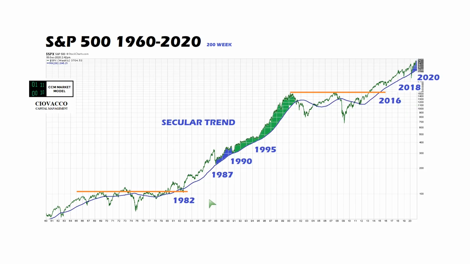What matters here for us is, walking forward from 1982, 1987, 1990, and 1995, all three of those are bullish scenarios. None of them are longer-term bearish setups. That's the takeaway here. It helps us keep an open mind about the stock market performing better than expected over the next 2 to 5 years.